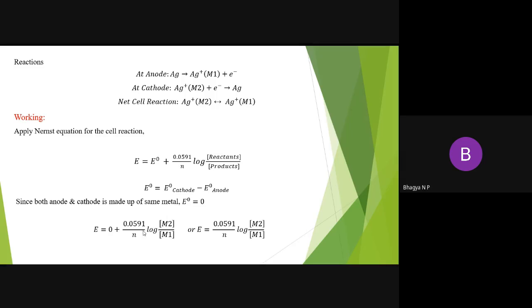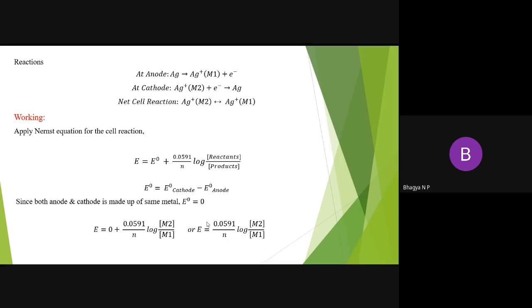The same equation can also be written as E = 0.0591/n log of concentration of M2 divided by concentration of M1. Using this final equation, we can calculate the EMF of the concentration cell.